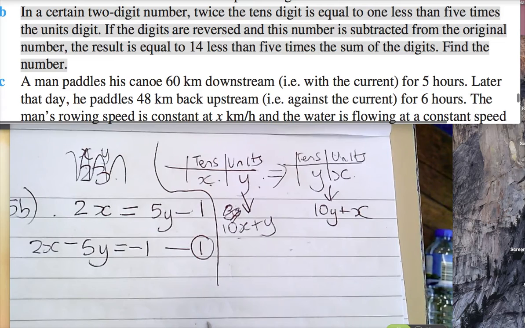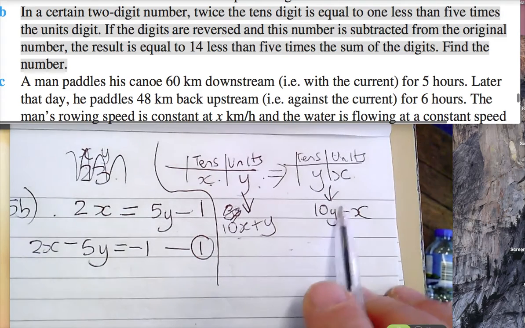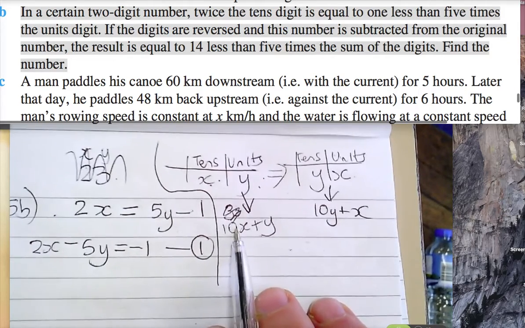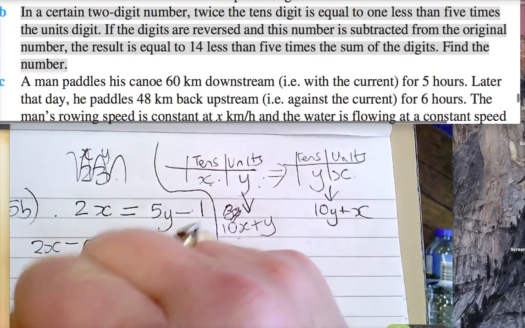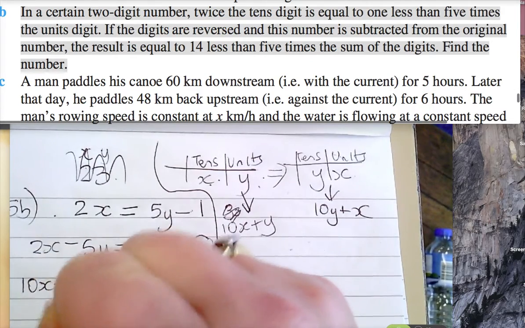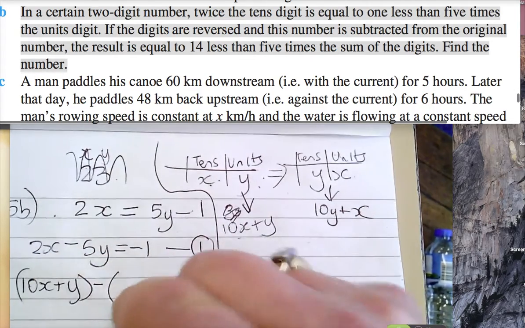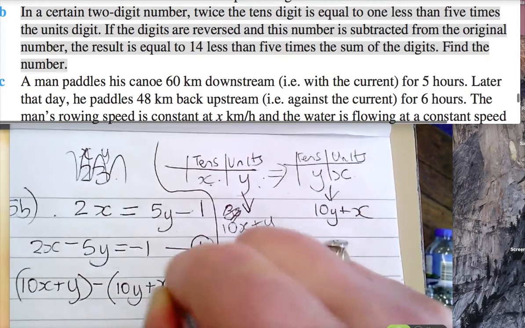Equation 2: if the digits are reversed, so I've reversed the digits, and this number is subtracted from the original number. So I need to do the original number minus that. So I've got to do 10x plus y, the original number, minus 10y plus x.